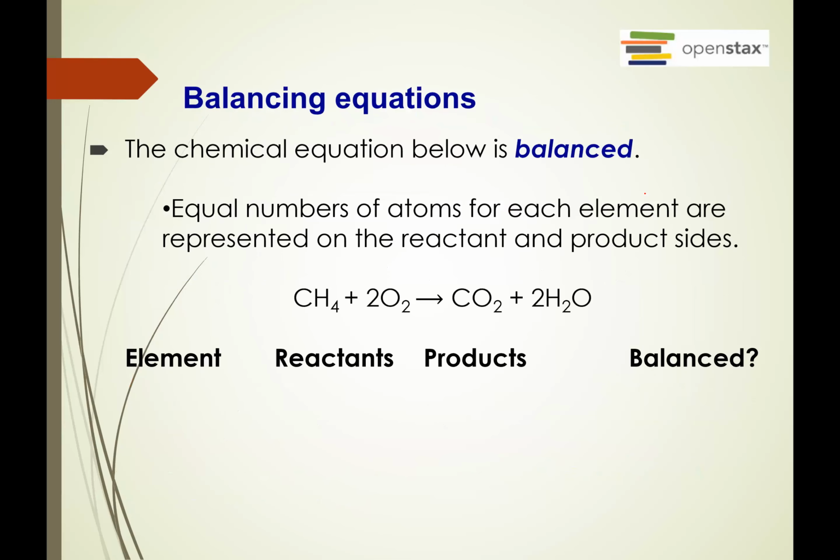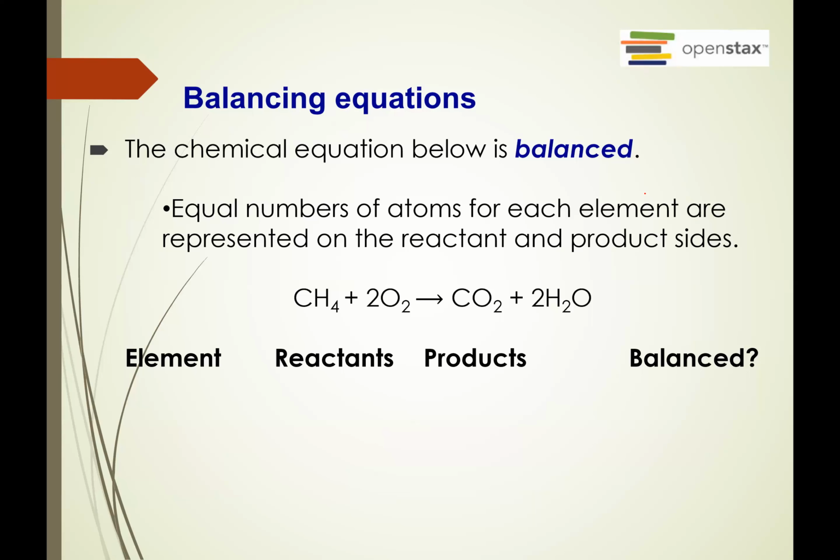So remember, if you've ever heard of the law of conservation of mass, mass can't be created or destroyed. That's why we need those coefficients, because those coefficients make our reaction what we call balanced. So we can't destroy or create matter.